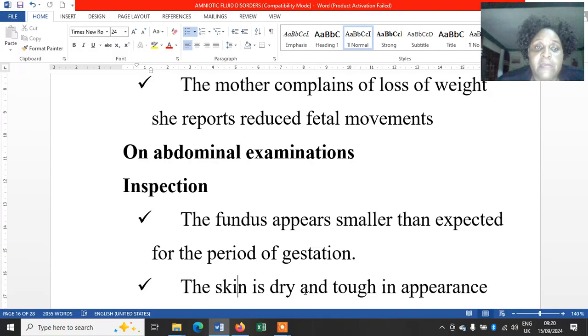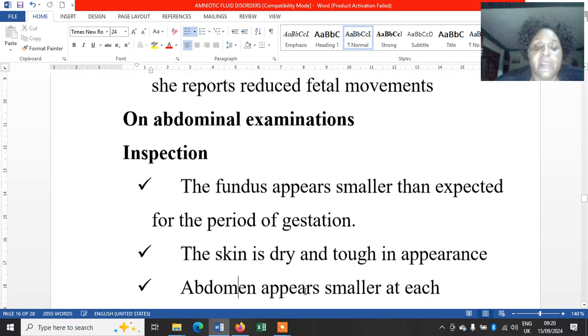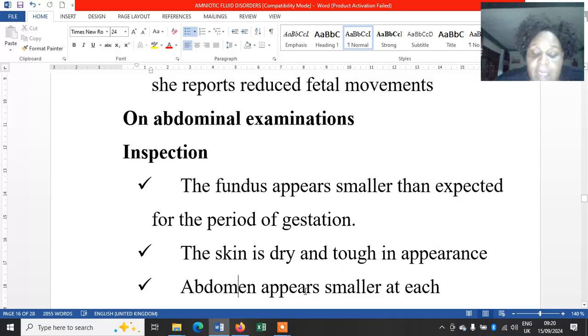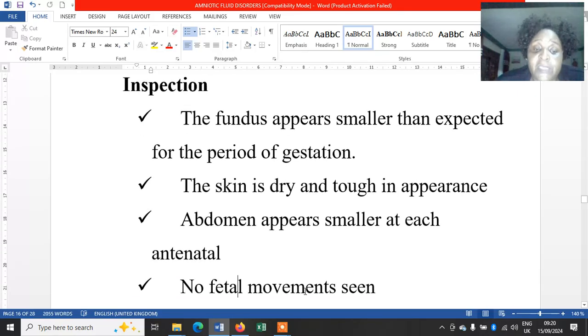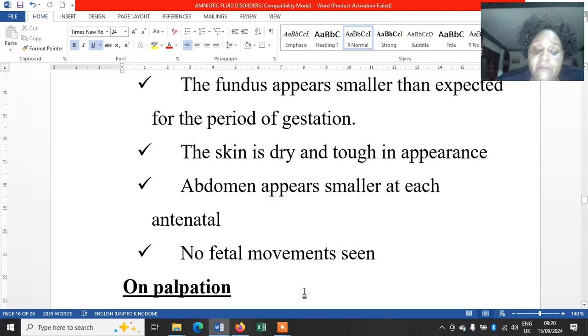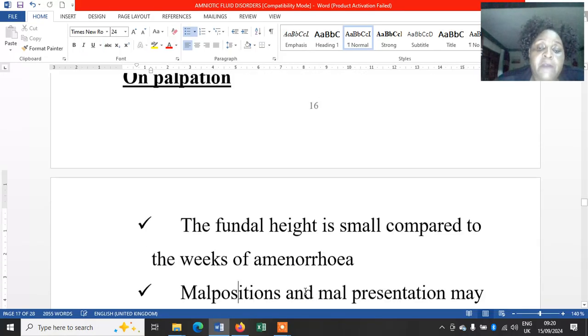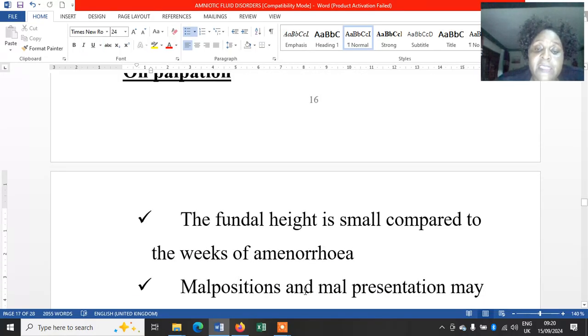This time in oligo, the fundus will look smaller. The skin will look dry and tough in appearance. The abdomen will appear smaller on each antenatal visit. No fetal movements will be seen. And on abdominal palpation, of course, the fundal height is small compared to the weeks of amenorrhea.